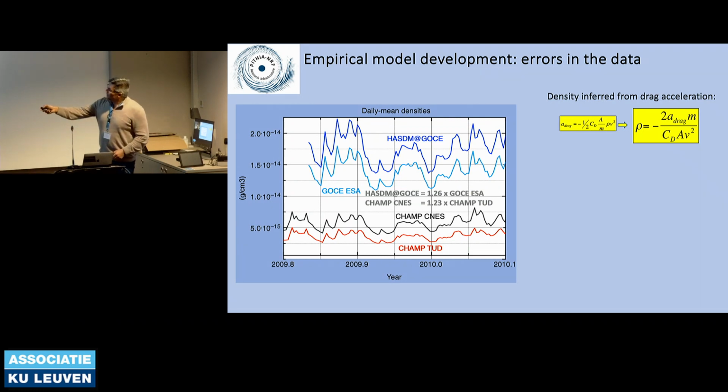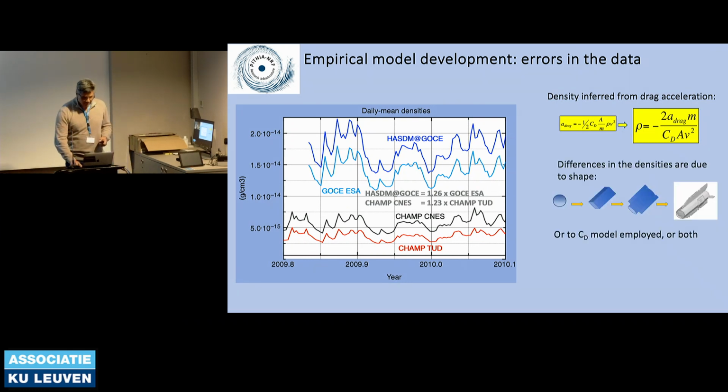So you can use, now that we know these values, you can use this value with the black value and the light blue with the red, but if you do it some other way around, you're introducing a 20% bias in your fit somewhere, which the model, through least squares, has to absorb somehow. Now we have differences in shape.